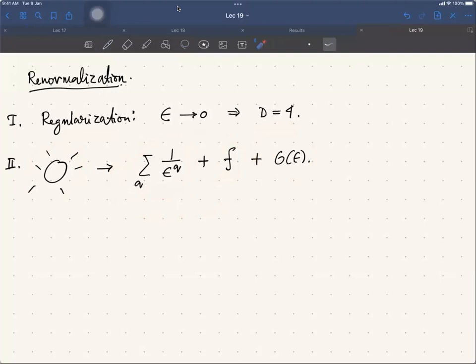So the next job will be to find counter terms.